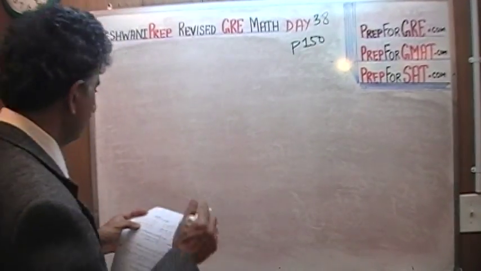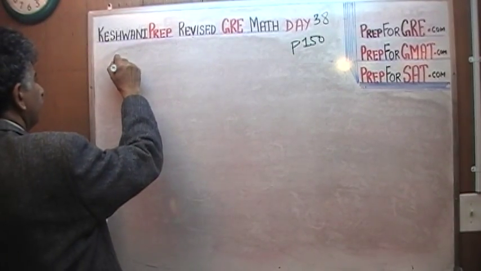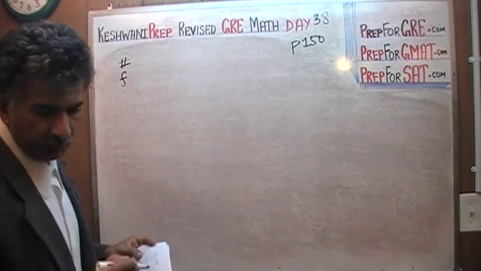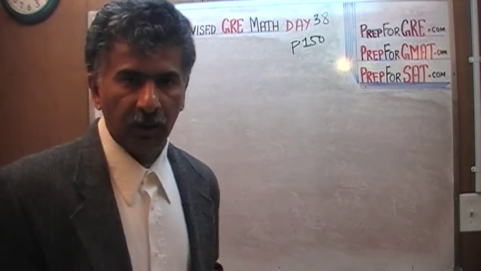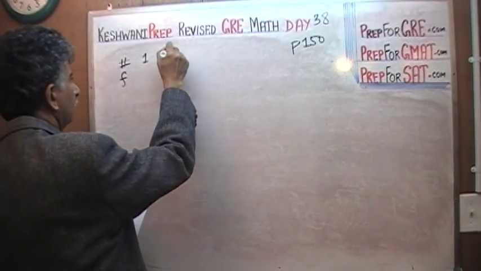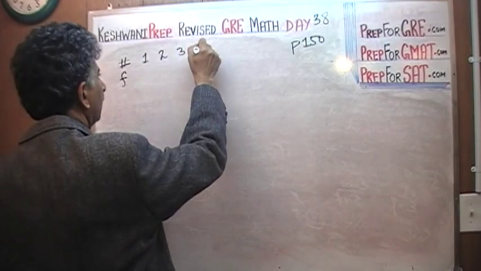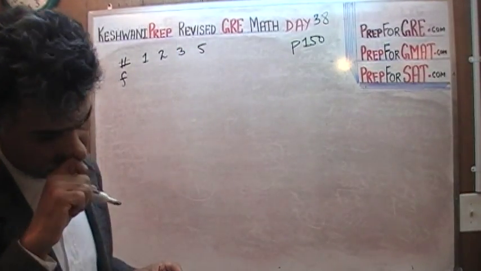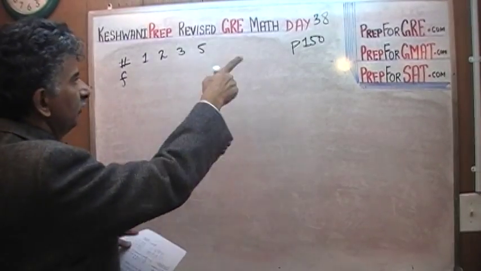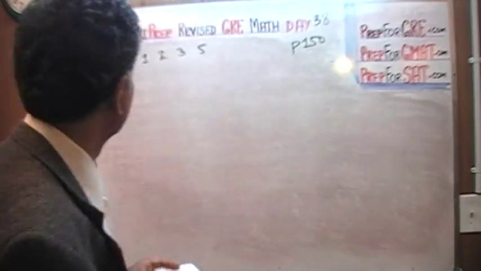So here's what it is. Here we are given some numbers, and in the second row we are given the frequencies, how often they occur. For example, we are told 1, 2, 3, and then 5. Notice that 4 is missing. There is no 4.